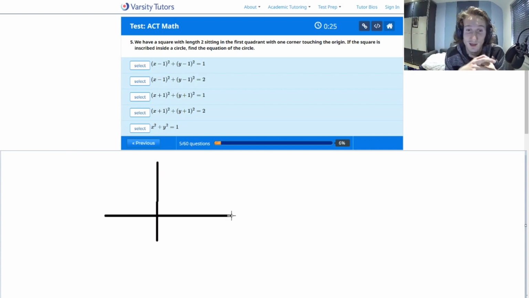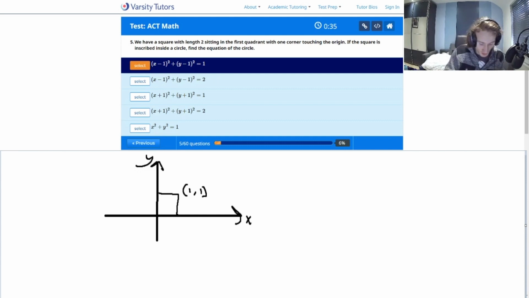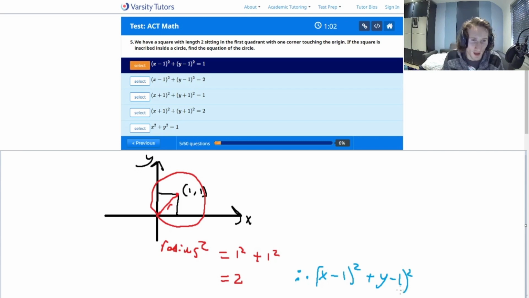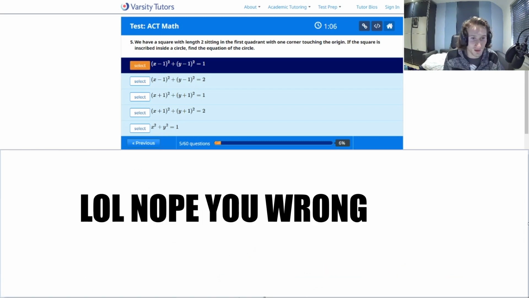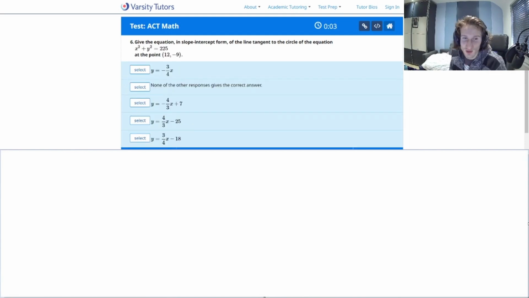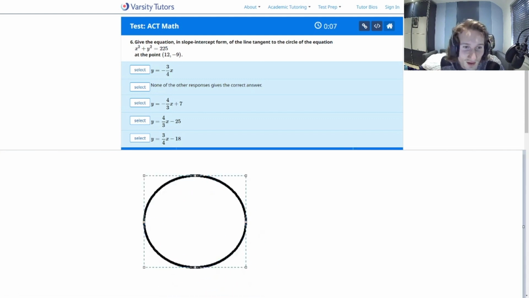Alright, anyways, it's going to be x minus 1 squared, y minus 1 all squared is equal to 1, surely. Yeah. Alright, given that the equation in slope-intercept form of the tangent, blah blah blah blah, find the tangent.